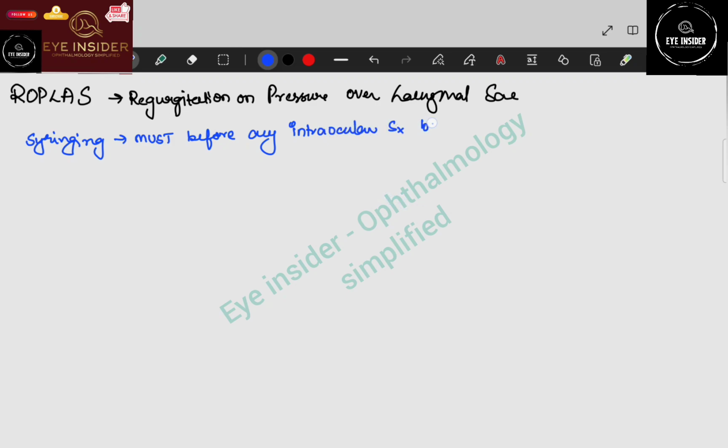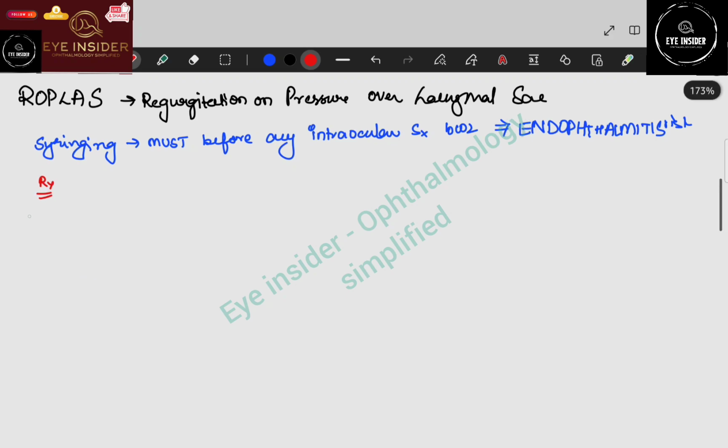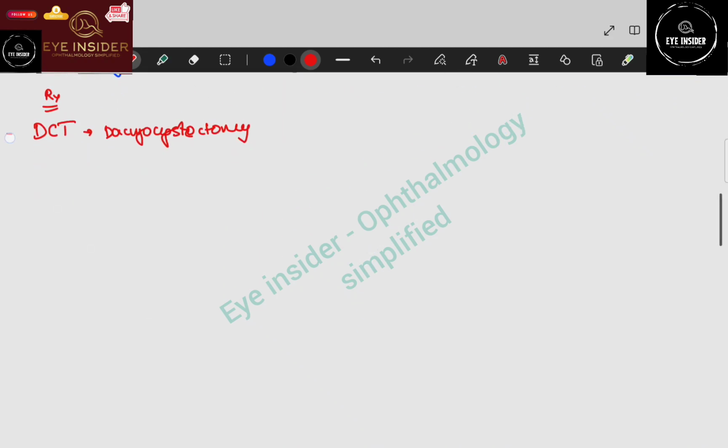Now coming to the treatment part. The treatment is either dacryocystectomy or dacryocystorhinostomy. First, dacryocystectomy, or DCT, the indications. It is indicated only when DCR is contraindicated.